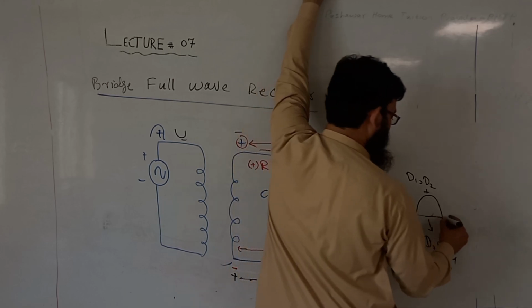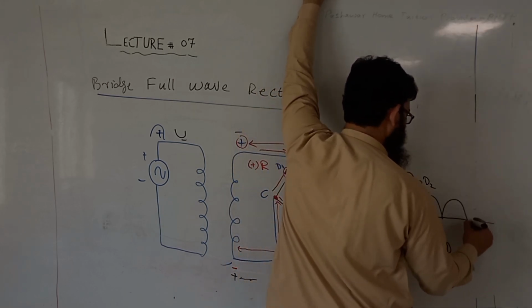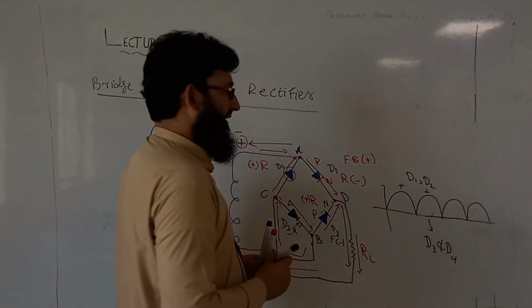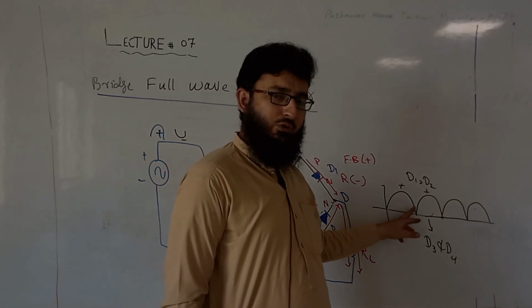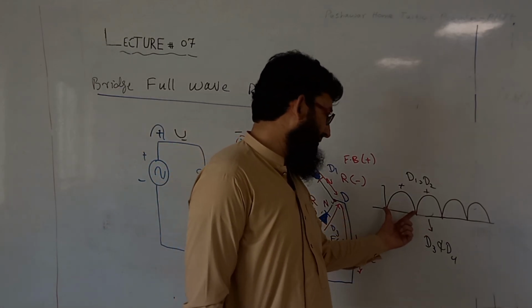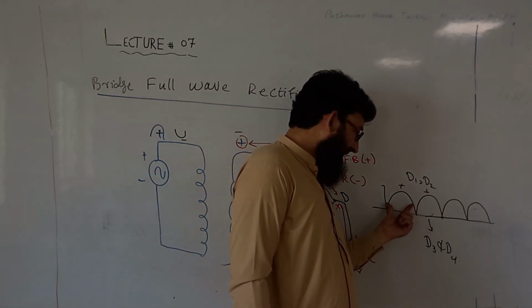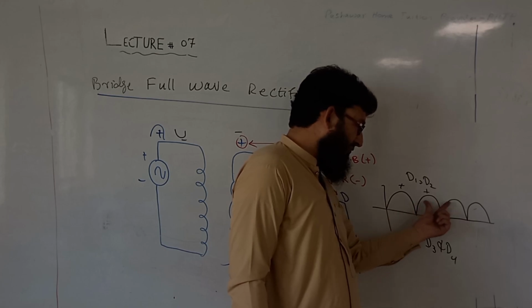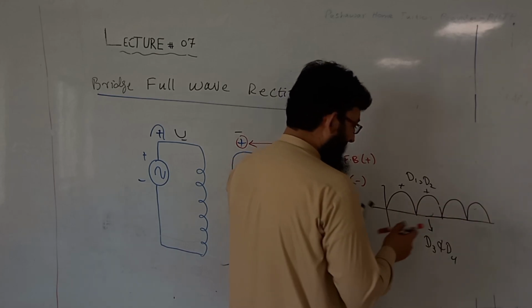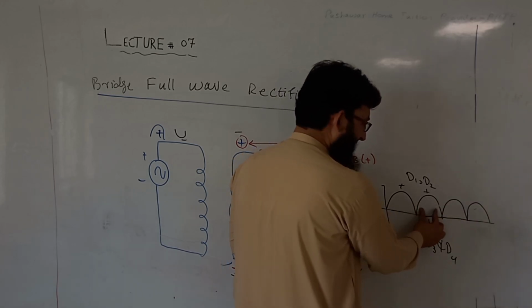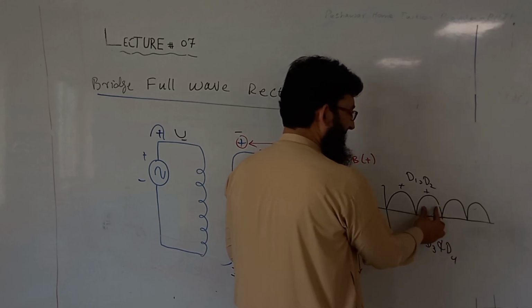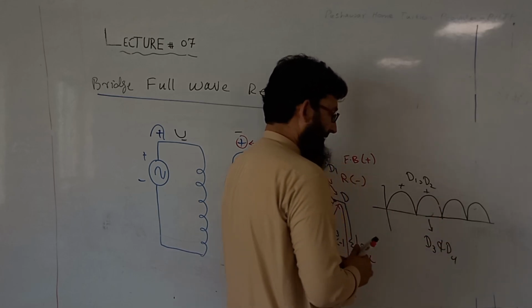So in this process a DC will be obtained at the output, in the form of consecutive positive peaks. In the half wave rectifier this peak was vanished and in the full wave rectifier this peak is recovered.